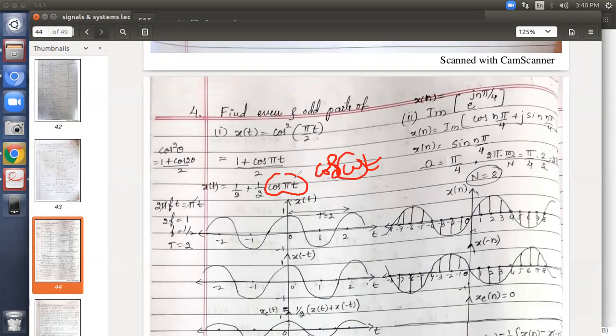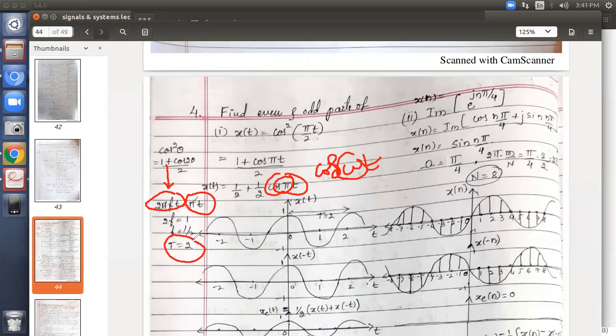So what is omega? Omega is equal to pi. Omega I have substituted 2 pi f, so pi gets cancelled, 2f is equal to 1, or frequency is half. Frequency and time period are inversely related, so T will be equal to 2.